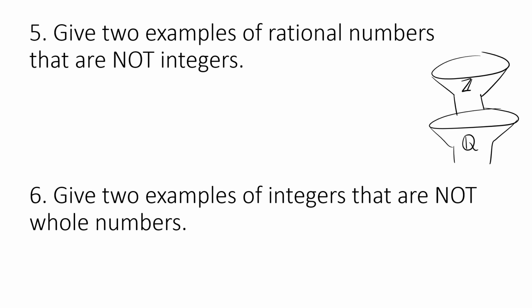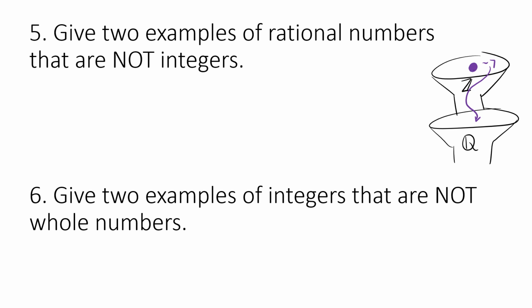So every integer, if you imagine your number as a little marble that I'm dropping into the integer funnel, say -7, it flows down through the integer funnel and into the rational funnel. So -7 is an integer, but it's also a rational number.